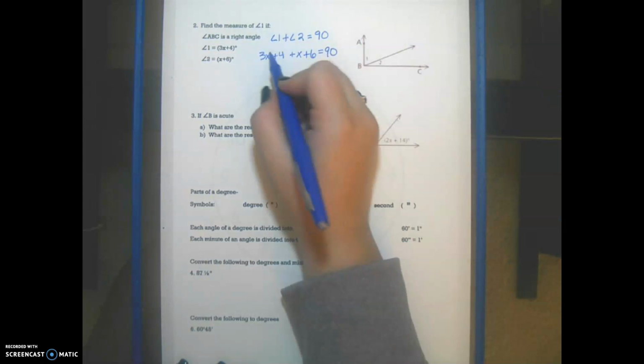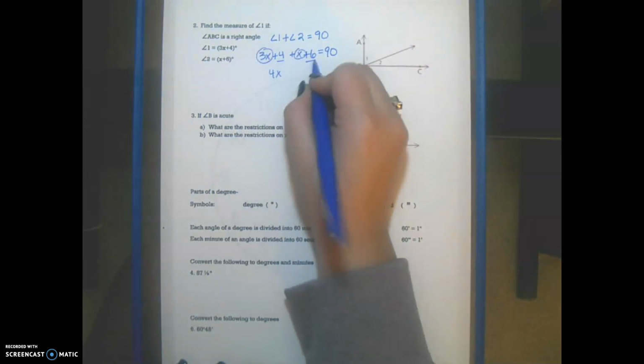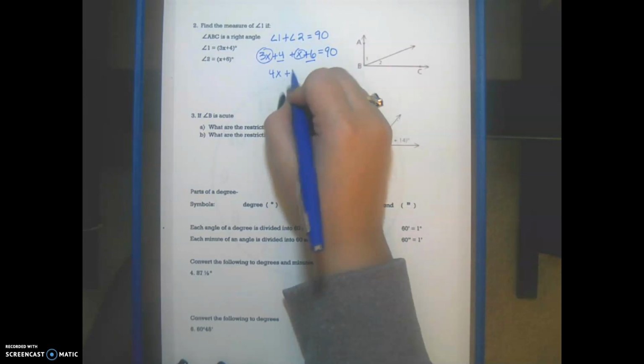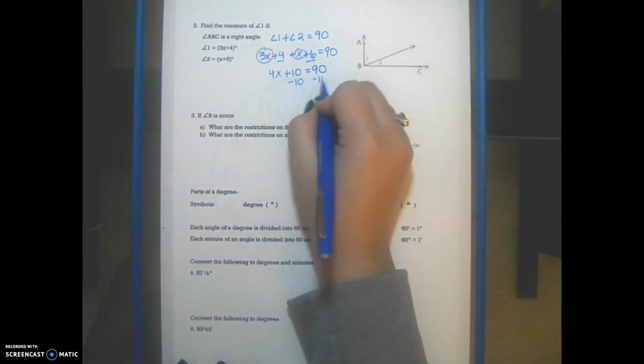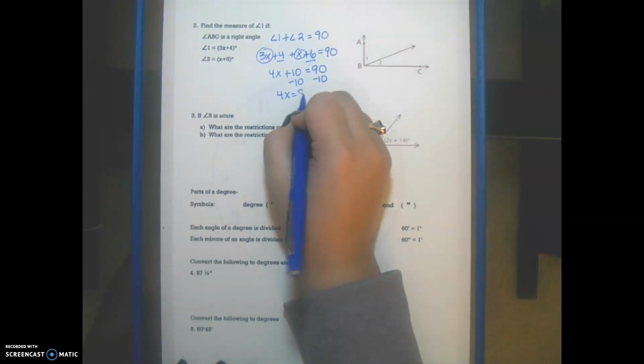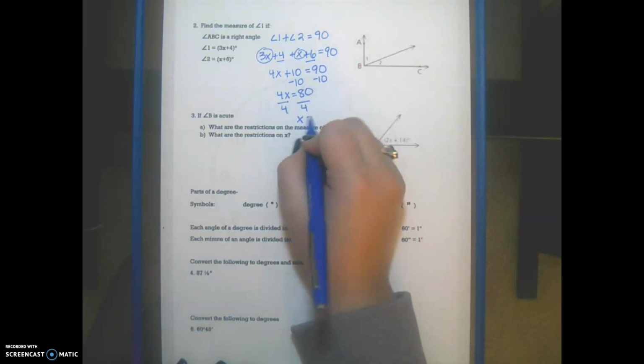So let's review our algebra. I need to combine my like terms, and I'm going to get that 4x plus 10 is equal to 90 degrees. And now I just have a two-step equation to solve for x. And I get that x is equal to 20. But is that what the question asked me?